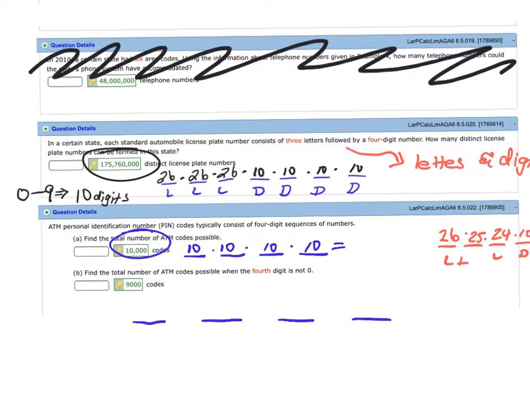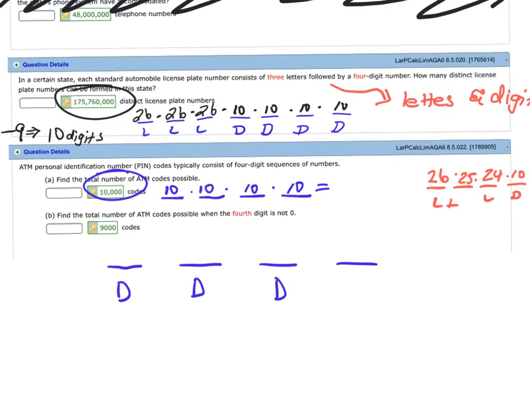So in this case, they're telling me what's the possibility? I can have a digit here, a digit here, a digit here, but what did they tell me about the last one? It can't be 0. So the first one can be 0 through 9, the second one can be 0 through 9, the third one can be 0 through 9.